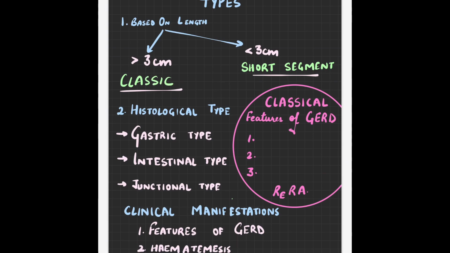Now it comes to the basis of histology. We can classify Barrett's esophagus as gastric type, intestinal type or junctional type, depending on what cells we see on histological examination. In gastric type, we see chief and parietal cells.